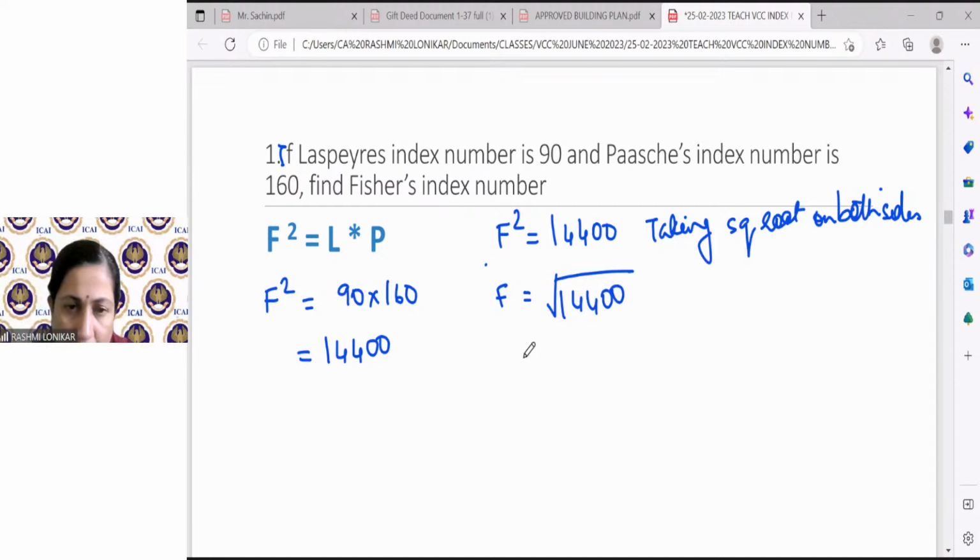Anybody can give me the answer? 120. Yes, very good, Mehak. Okay, Vaishnavi. Yes, Prakriti. Very fast now. So we know that Fisher index is the geometric mean of the Laspeyres and Paasche index, and so we are able to do this.